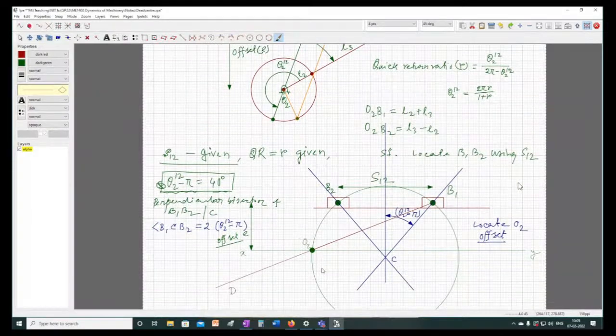Now I am saying that B1D, what is this line DB1 or B1D?